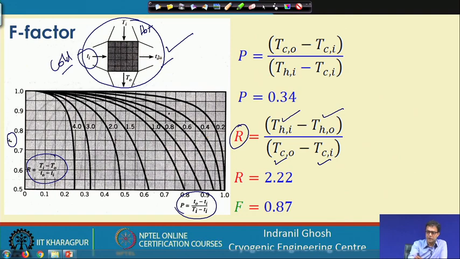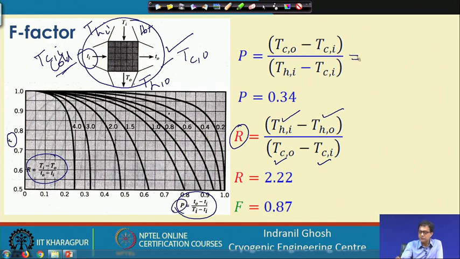So this is TCI, this is TCO, and this is THI minus THO. Accordingly, there are two parameters, one is R and the other is P.